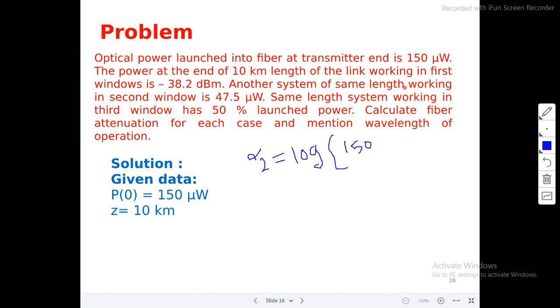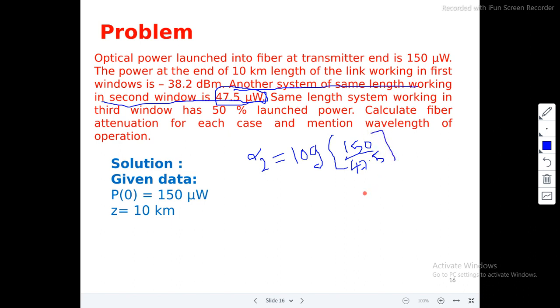What is the second condition? The second condition is given: another system of the same length working in the second window has 47.5 microwatts of output power. So here the value is 47.5 microwatts, and the microwatts will be cancelled.